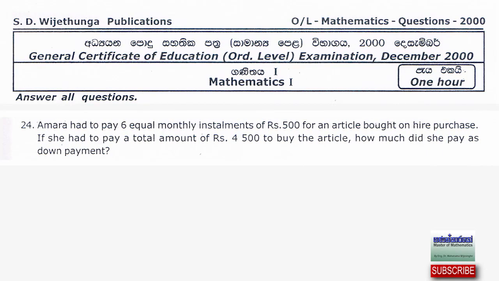Question number 24, next question. Amara had to pay 6 equal monthly installments of rupees 500 for an article bought on hire purchase. She got an article by using the hire purchase. The monthly installment is 500 rupees. If she had to pay a total amount of 4,500 to buy the article, how much did she pay as down payment?